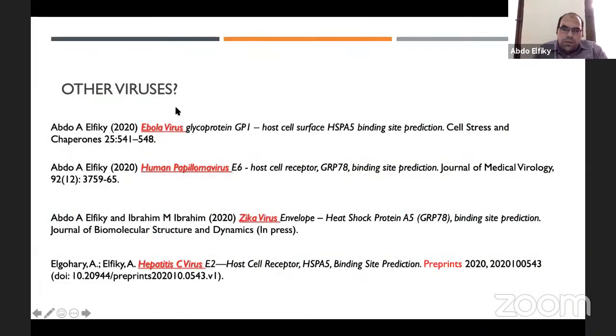We also tried to find possible binding sites from different viruses like Ebola virus, human papillomavirus E6, Zika virus, and hepatitis C virus. We modeled the interaction sites that can be used as a recognition site for GRB78 for those viruses to enter the cell.